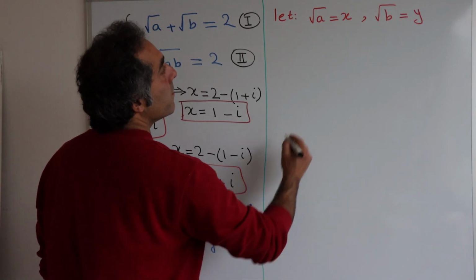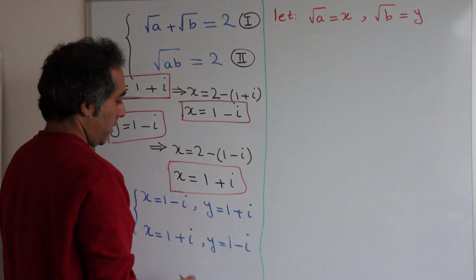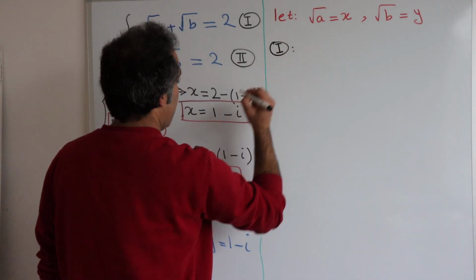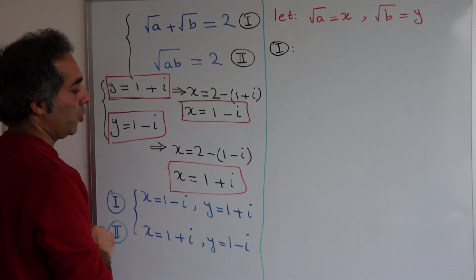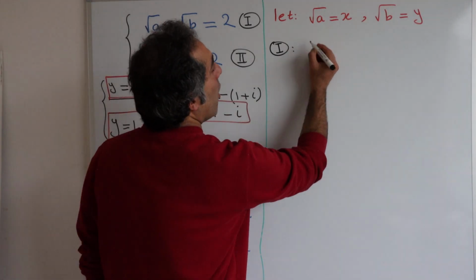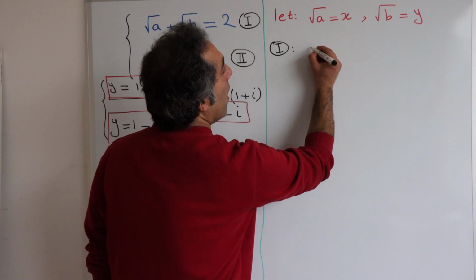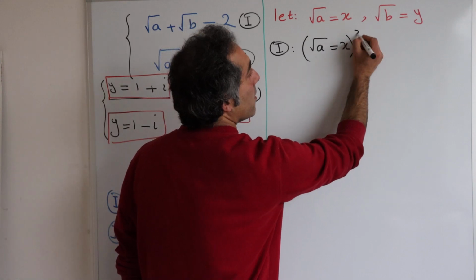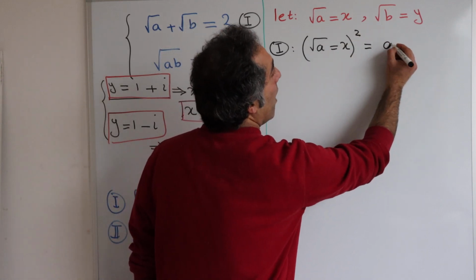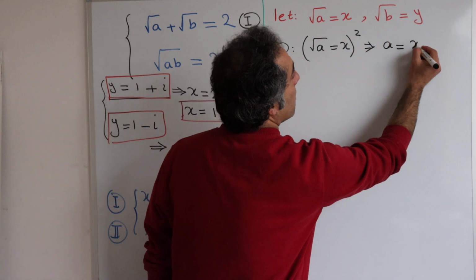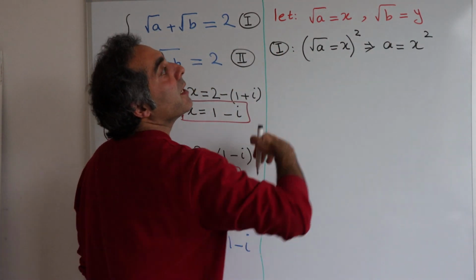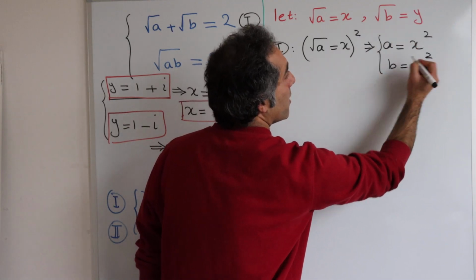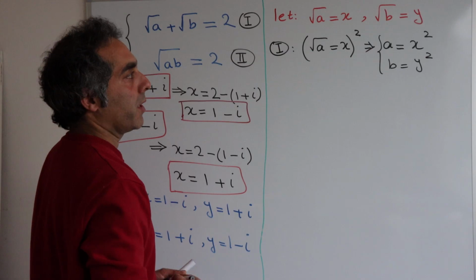Okay, x and y, we can go further at first with the pair of the first solutions. We know a is x squared, by squaring both sides. We have a equals x squared, and by the same procedure, b is y squared.